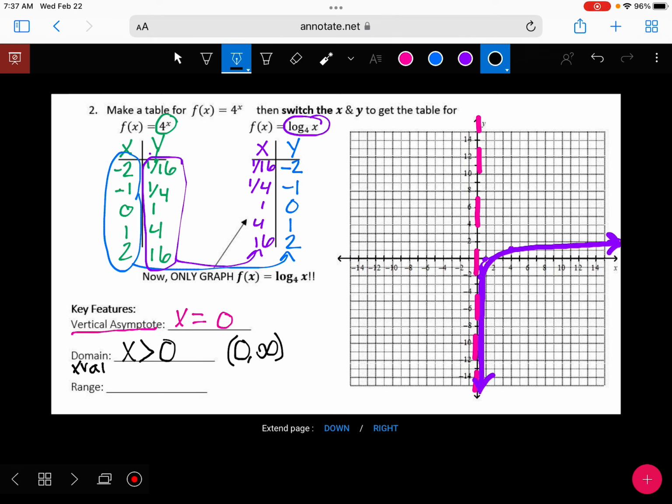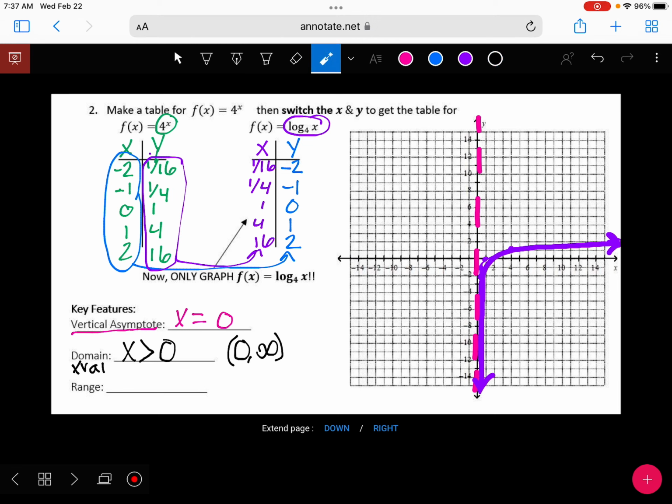How about our range? What y values work? -2 does work. Is that the only one that works? -4, -6. It's going to be all of them. Yeah, because I can keep going negative.